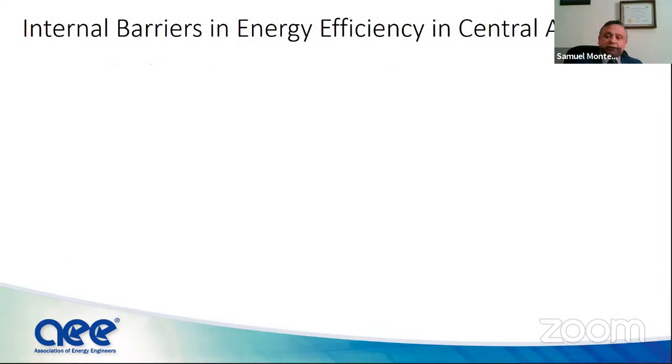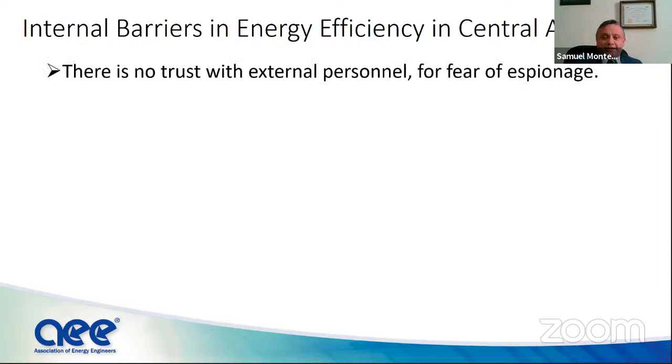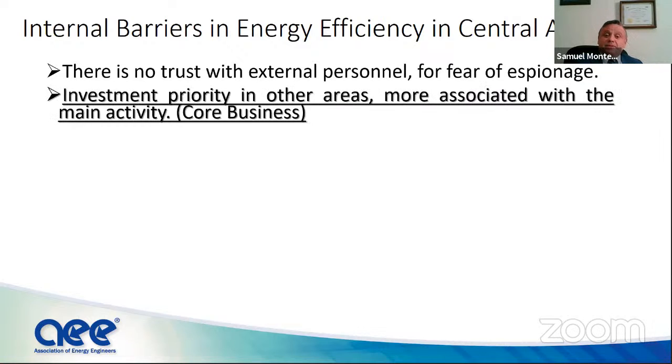And now internal barriers in Central America or my country: there is no trust with external personnel. It's crazy, because the people have fear of espionage. Investment priority in other areas more associated with the main activity, the core business.